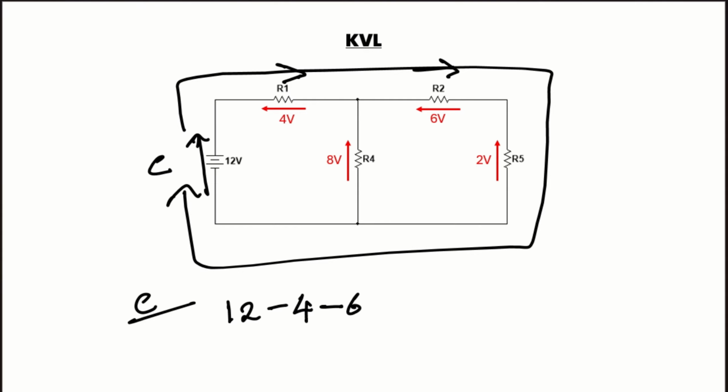The loop direction is downwards here and the voltage across R5 is upwards, so again this is minus 2. So 12 minus 4 minus 6 minus 2 is 12 minus 12, which will be 0. Thus it's confirmed that the algebraic sum of all voltage around the loop is 0.